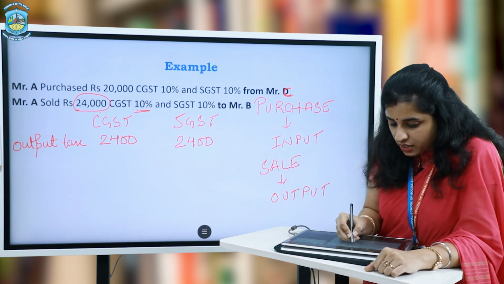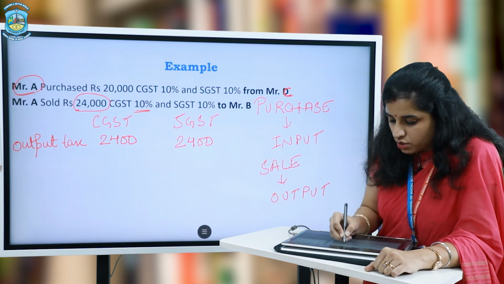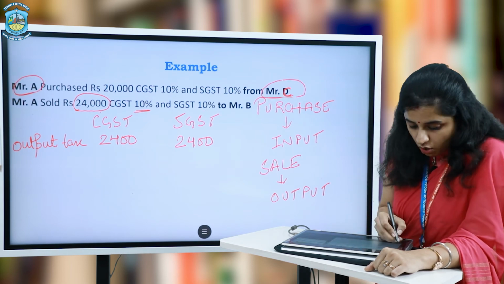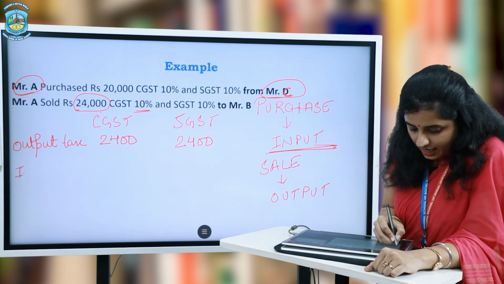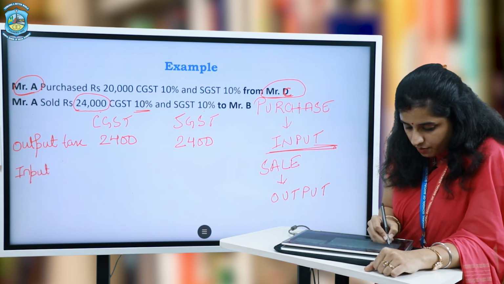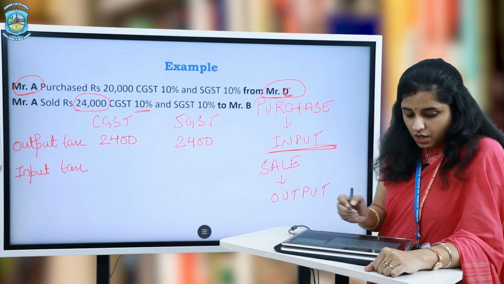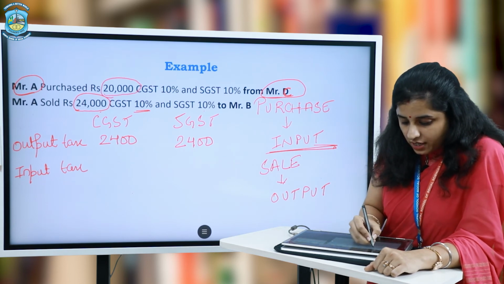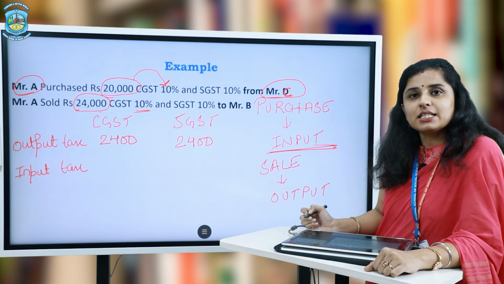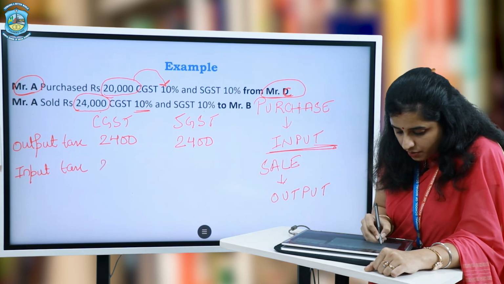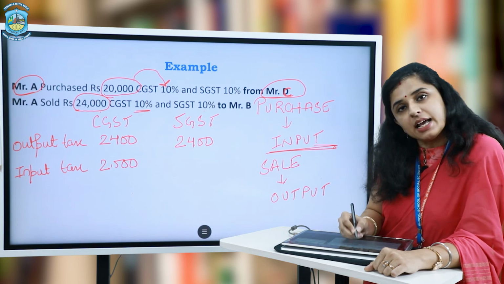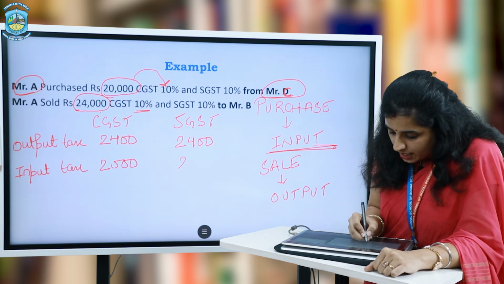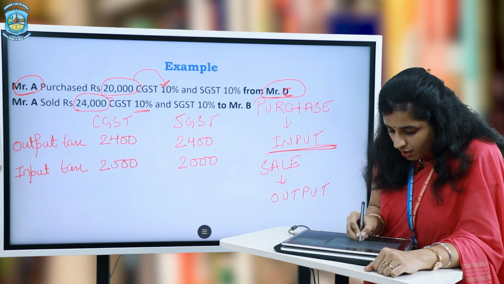From where have we purchased? We have purchased the goods from Mr. C. So, on purchases, which tax do we collect? We collect input tax. So, I'll write less input tax. 20,000 is the value on which the rate of CGST is 10%. 20,000 into 10% gives you 2,000. 20,000 again, SGST rate is 10%, so that is also 2,000.